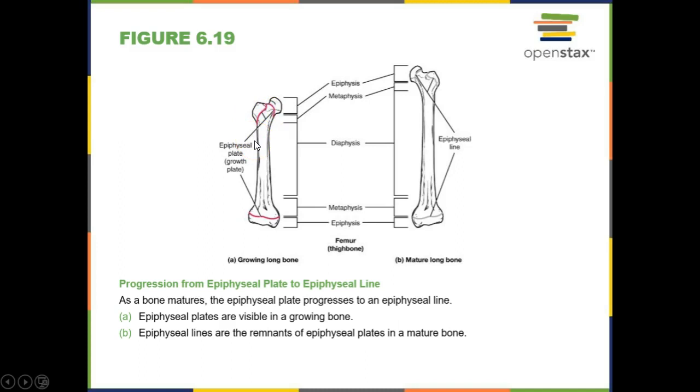Once we hit adulthood, the growth of the cartilage is going to be taken over by the bone, and all we'll have left is what we call an epiphyseal line, these tiny little lines. That usually occurs, the lines will form around age 18 to 25 years of age, depending on how long you grow.